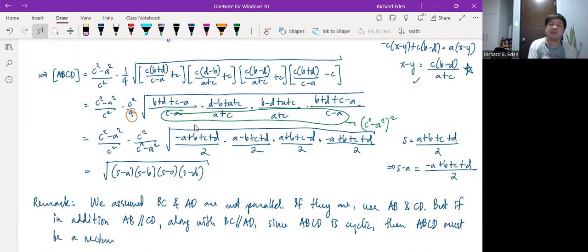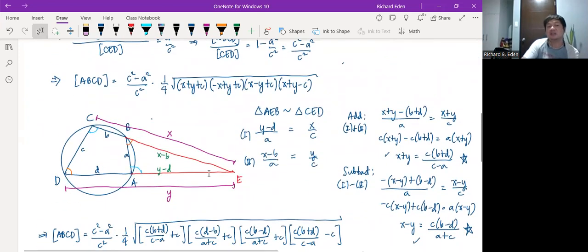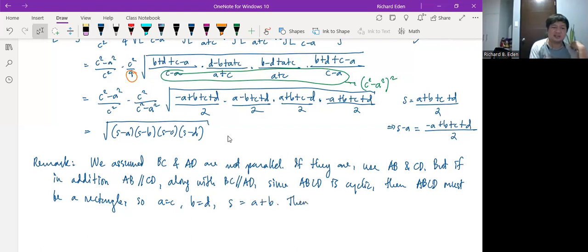But if you have a rectangle, it would be so much easier because you get to assume A is equal to C and B is equal to D. So A equals C, B equals D, and then S is equal to A plus B. Then what happens to the square root of S minus A, S minus B, S minus C, S minus D?